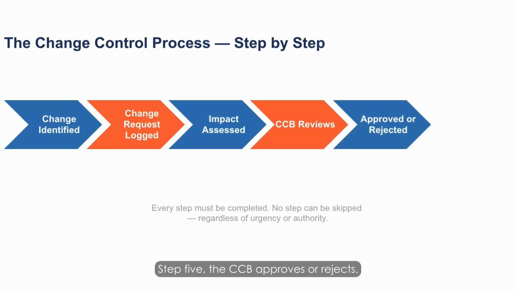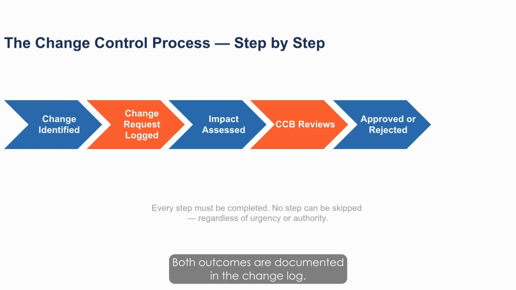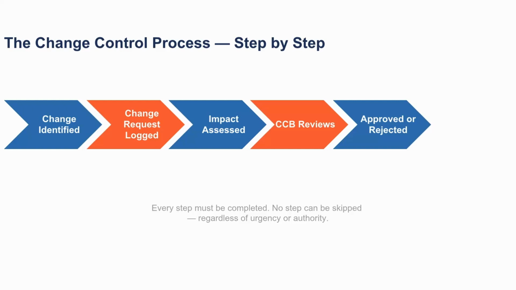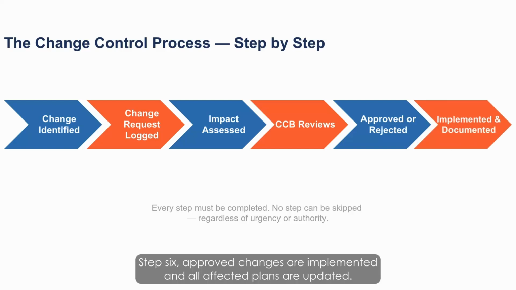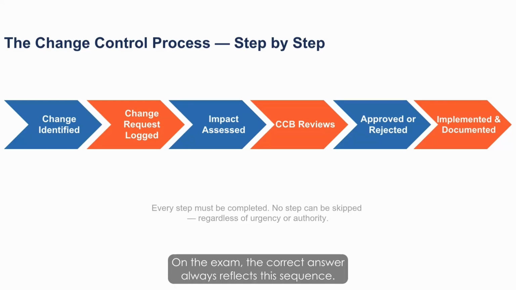Step 5, the CCB approves or rejects. Both outcomes are documented in the change log. Step 6, approved changes are implemented and all affected plans are updated. On the exam, the correct answer always reflects this sequence. Any option that skips logging, skips impact assessment, or skips CCB approval before implementation is the change control trap.